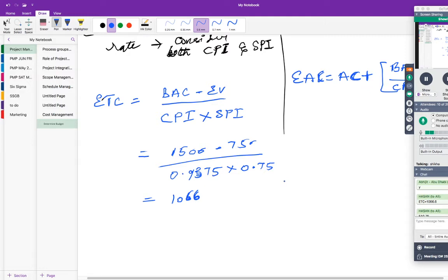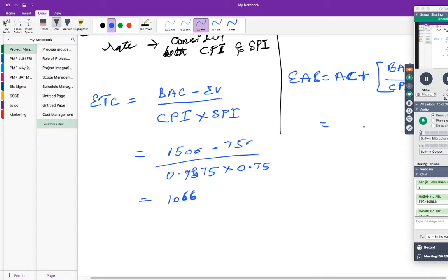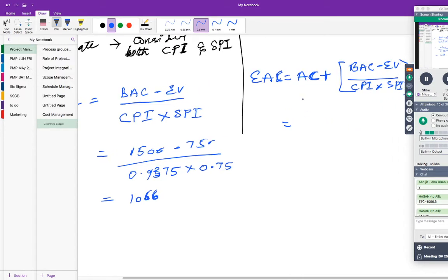So if you're extending your time for the rest of the work, then you would end up at 1066. Correct? Can you tell me what is the EAC value? You have already spent 800, plus 1066. Is that right?